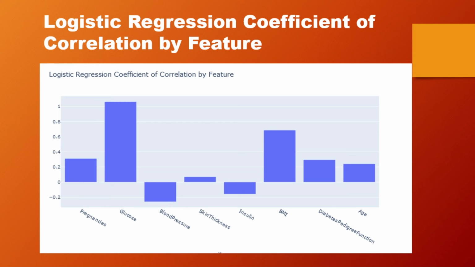Skin thickness is also slightly positive. Insulin is slightly negatively correlated. BMI is a very big indicator. Diabetes pedigree function is also a fairly large indicator, and age is also a good indicator as well. But as we can see, overall glucose has the highest correlation.